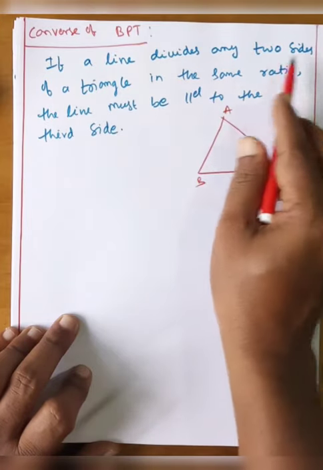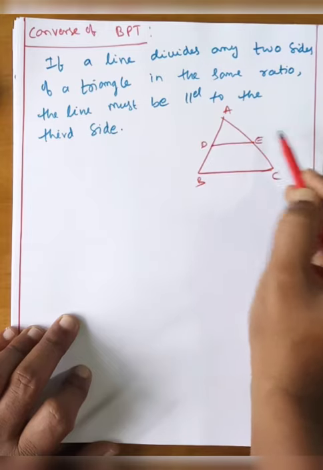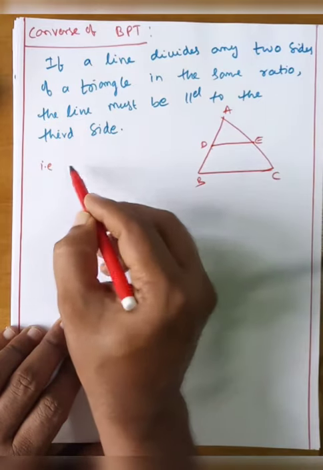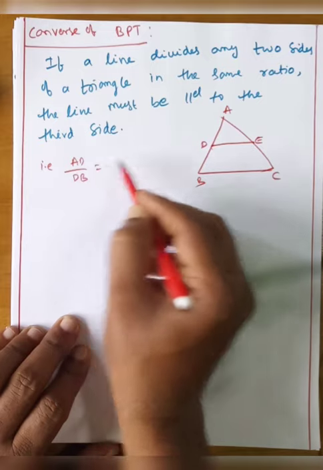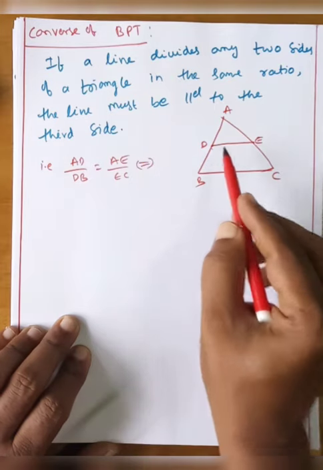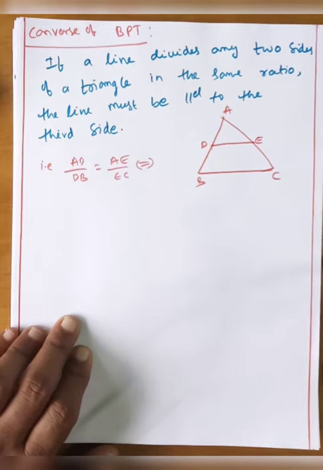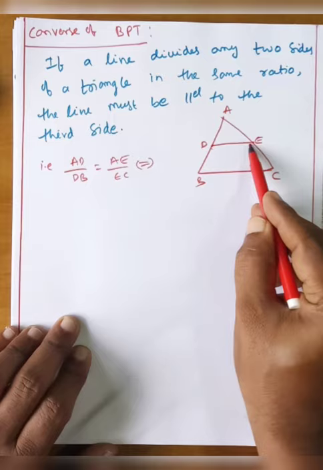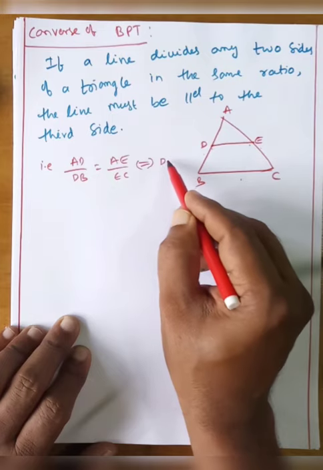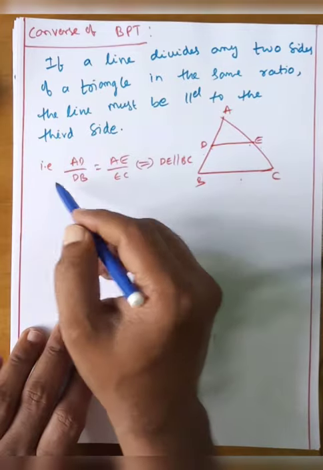Now if a line divides any two sides of a triangle in the same ratio, suppose this is the line, suppose this is D, the same ratio means AD by DB is equal to this ratio AE by EC, that implies 100% this line, whenever the line divides any two sides of the triangle in the same ratio, that line must and should be parallel to the third side. DE is parallel to, must and should, BC. This is called the converse of the basic proportionality theorem. You remember this one.